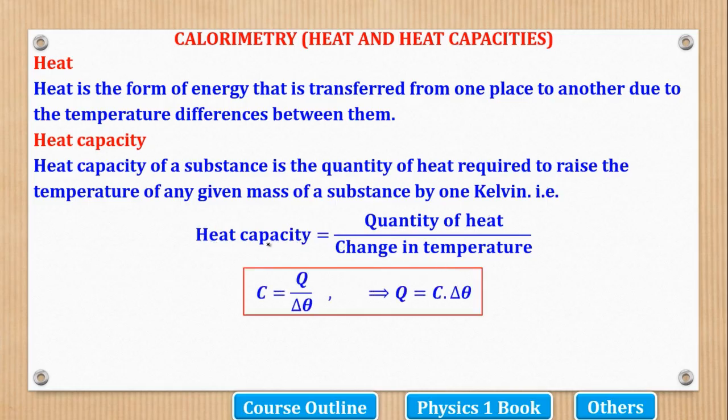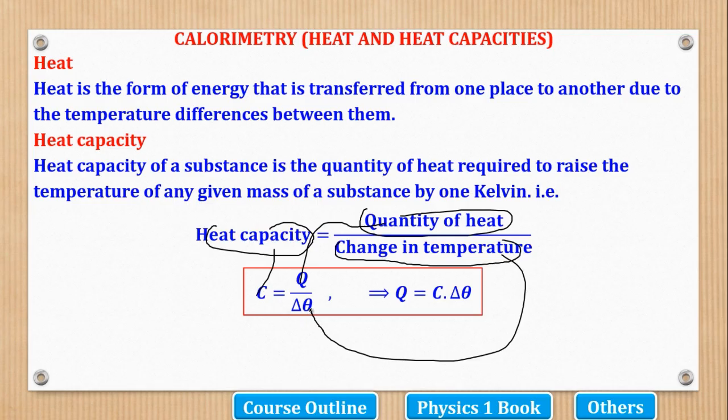That can be written mathematically as C = Q/Δθ, where capital C is heat capacity, capital Q is the quantity of heat, and delta theta is the change in temperature. If I make capital Q the subject, I'll come up with quantity of heat being equal to heat capacity times change in temperature, Q = CΔθ.